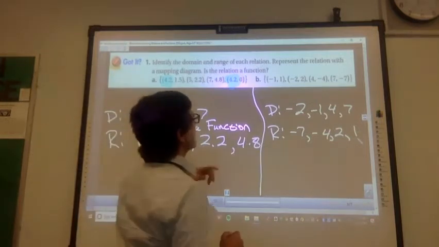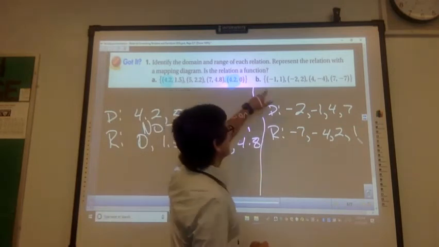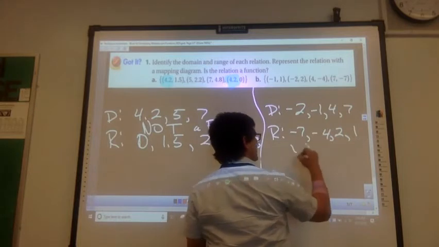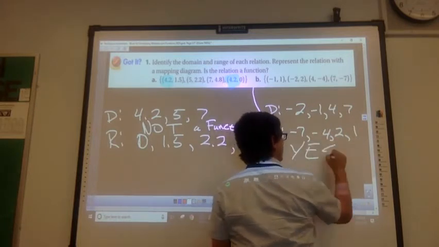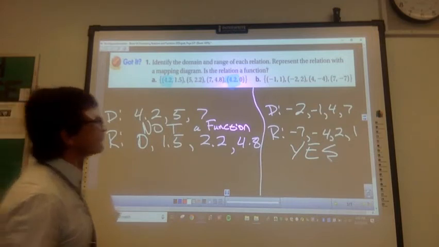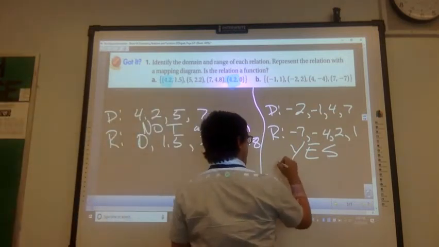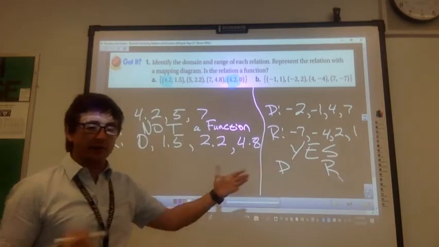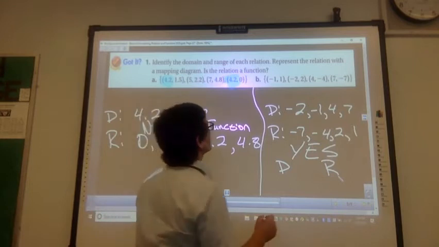Okay. So is this a function? We only have one y for each x value. So yes, this is a function. Then we'll go ahead and do the mapping diagram. So to map, we have domain and range. You don't need domain and range up there. I just do it because it helps me keep it all straight.